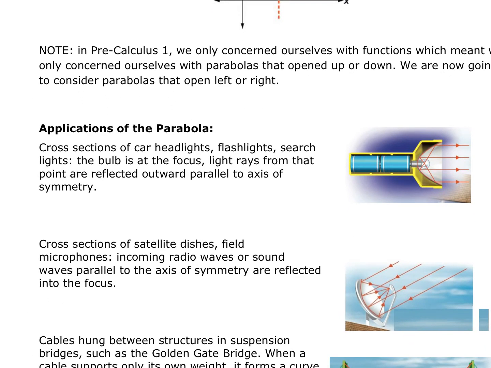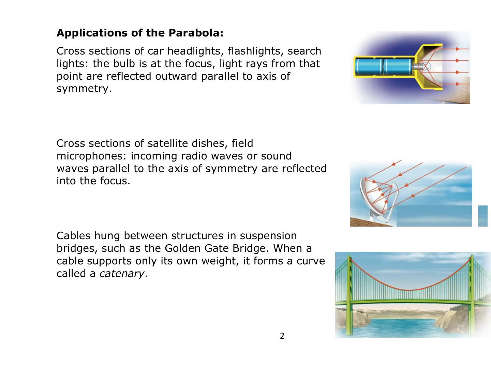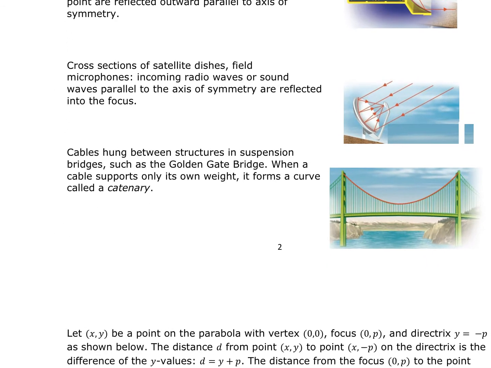Parabolas have a lot of applications. You'll see them in cross-sections of headlights, flashlights, searchlights. The bulb, of course, is at the focus. The light rays from those point outward parallel to the axis of symmetry. Satellite dishes and field microphones: radio waves or sound waves parallel to the axis of symmetry are reflected into the focus. Cables, not all cables.